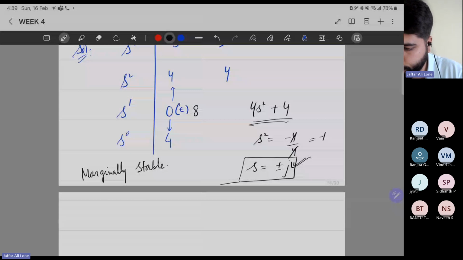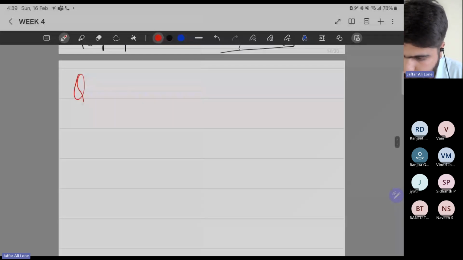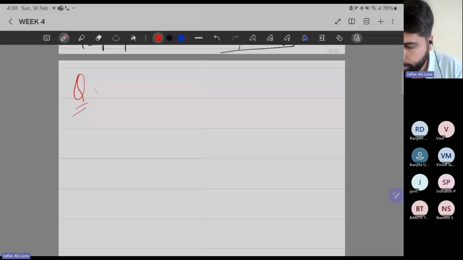Okay, now let's proceed. One more important question. You should be able to solve this. I'm giving you a characteristic equation. You have to determine its stability status. It's S6 plus 2S5 plus 8S4 plus 12S cube plus 20S square plus 16S plus 16 equal to 0.